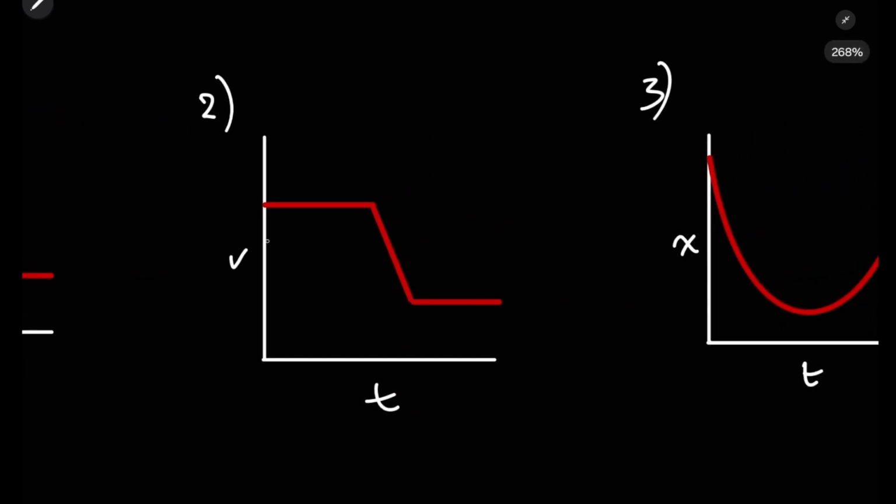On number two over here, we have a velocity over time graph again. But we see that there is a jump down in velocity. Now, what does this mean about our acceleration? We know that our acceleration formula is final velocity minus initial velocity over time. So change in velocity over time. Was there a change in velocity in this graph?